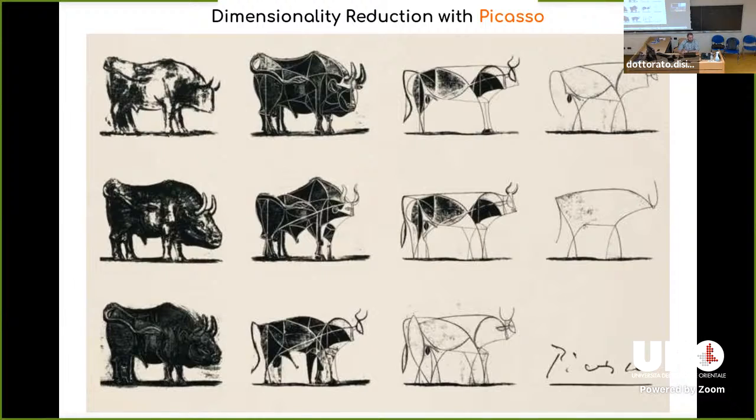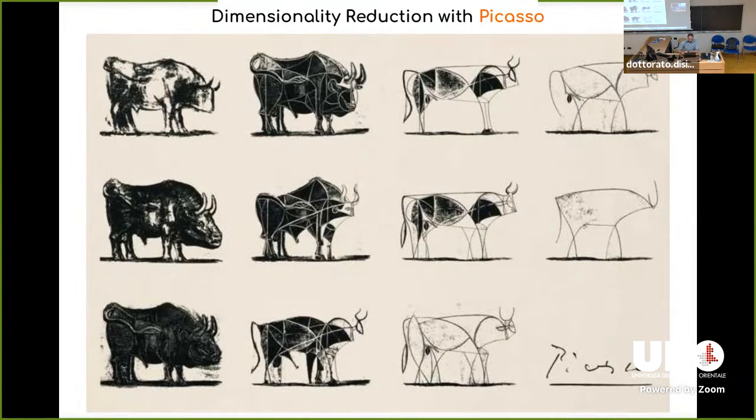The point of this class of algorithms is basically to reduce the complexity of the elements that you are about to study, so that you can still capture their key points, but also reduce the complexity of how those elements are represented. Here you can see different representations of a bull: it can be depicted very anatomically precisely, like in this case, or it can be represented in a very bare-bones way, but you can still capture the elements that make a bull, such as horns, legs, and tail.